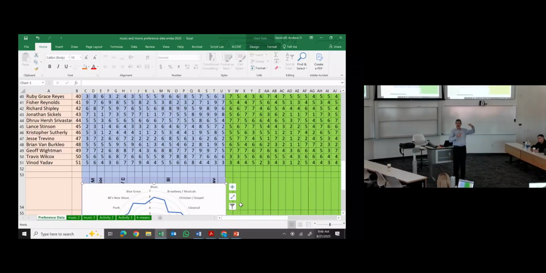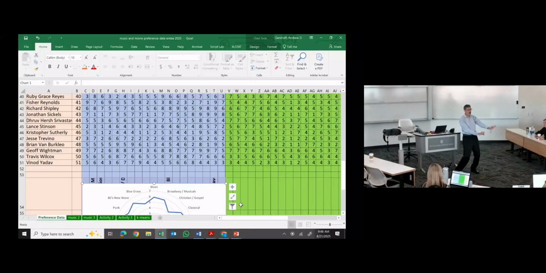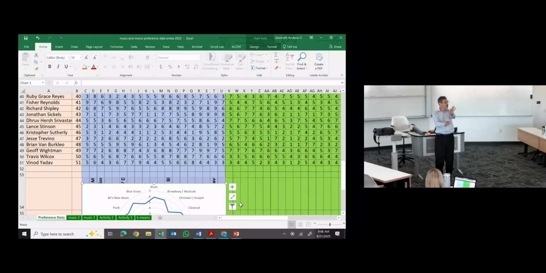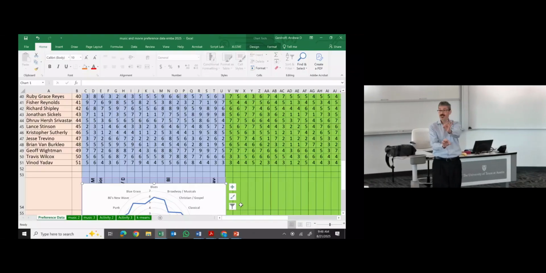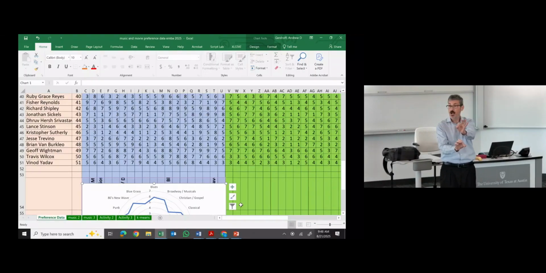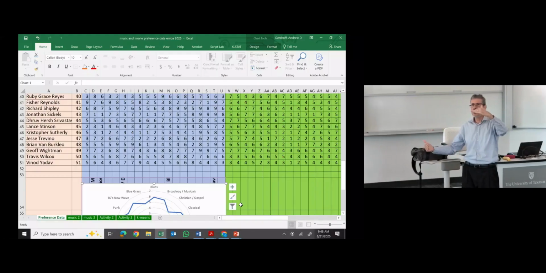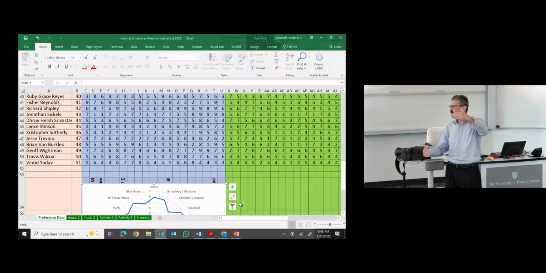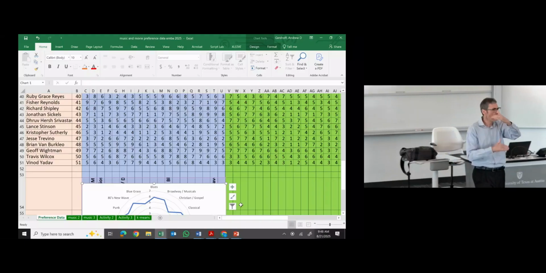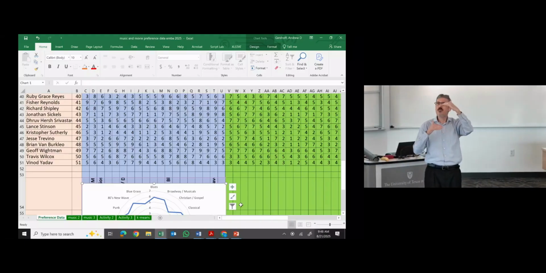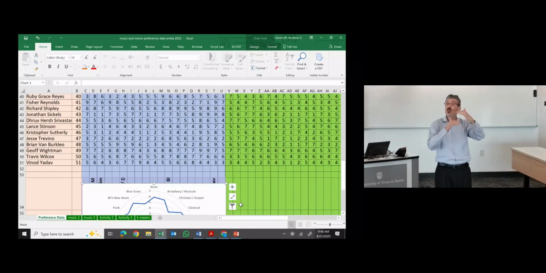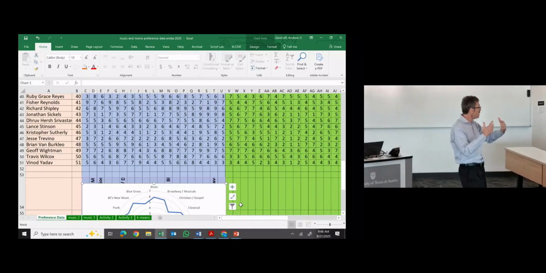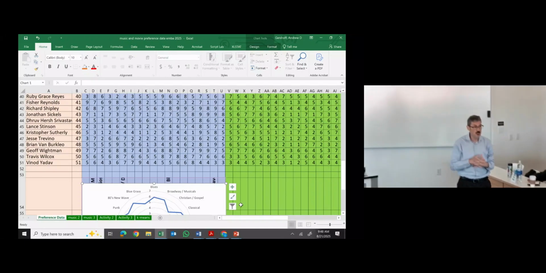Those two individuals would be perfectly correlated because their values on each one would be above or below their mean at exactly the same place and the same time. And yet their preferences are quite far apart. Aaron doesn't like most of the music and Vinod does like most of the music in this example. In reality, it might be quite different. Correlation is perfectly reasonable, but in this particular case, I don't want to group that way. So I'm going to start thinking about some other ways that I can get measures of distance.